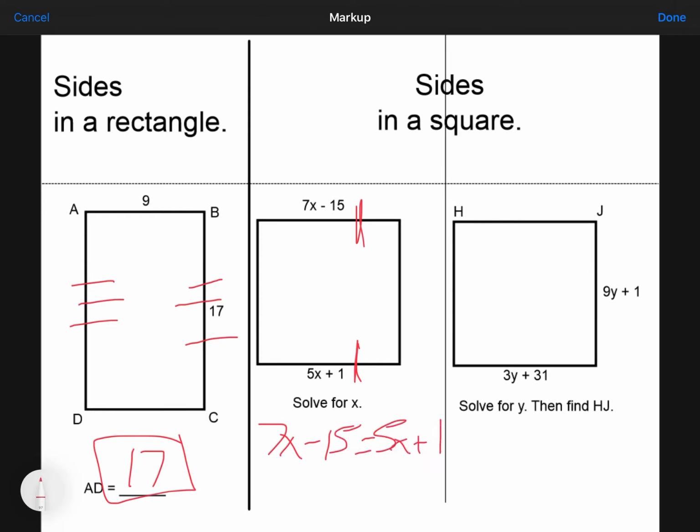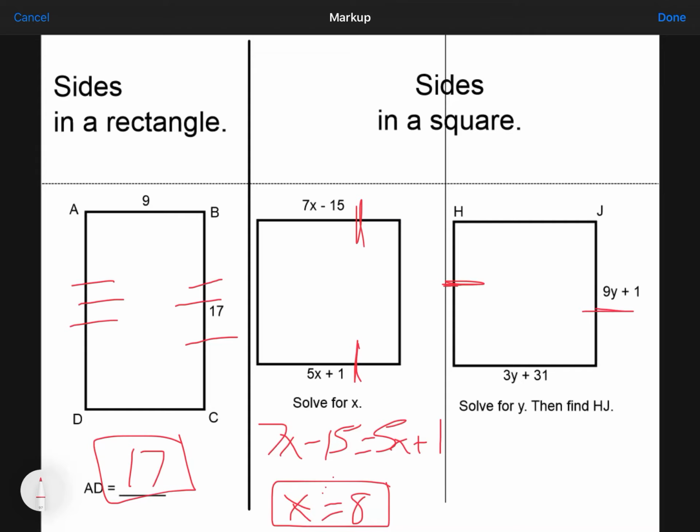Really? Is it that easy? Yes, it is. Excuse me for not showing every algebra step. This one works out to 8 if you need to try it out. And the last one here, oh, wait a second here. We just did the left side's congruent to the right, the top side's congruent to the bottom. But wait, what about the right side, 9y plus 1, when I don't have the left side?